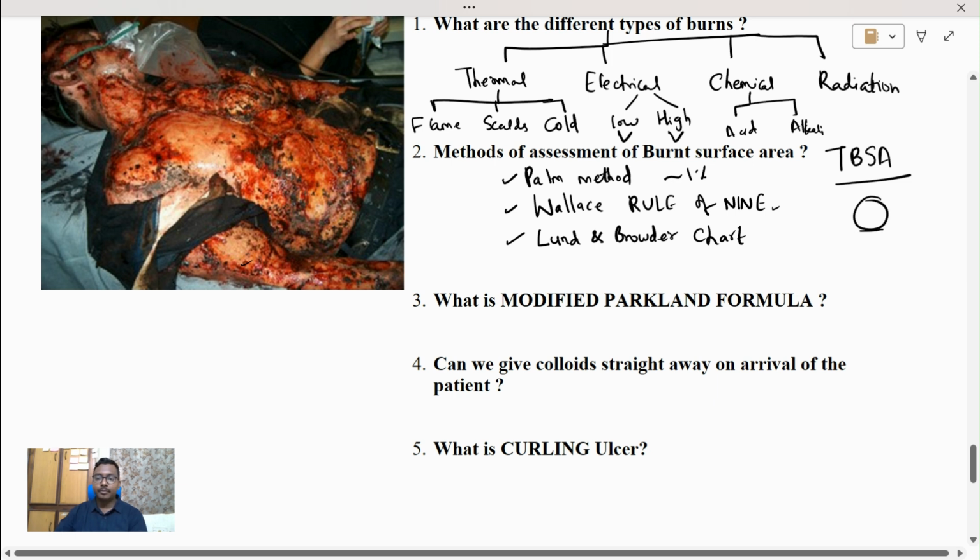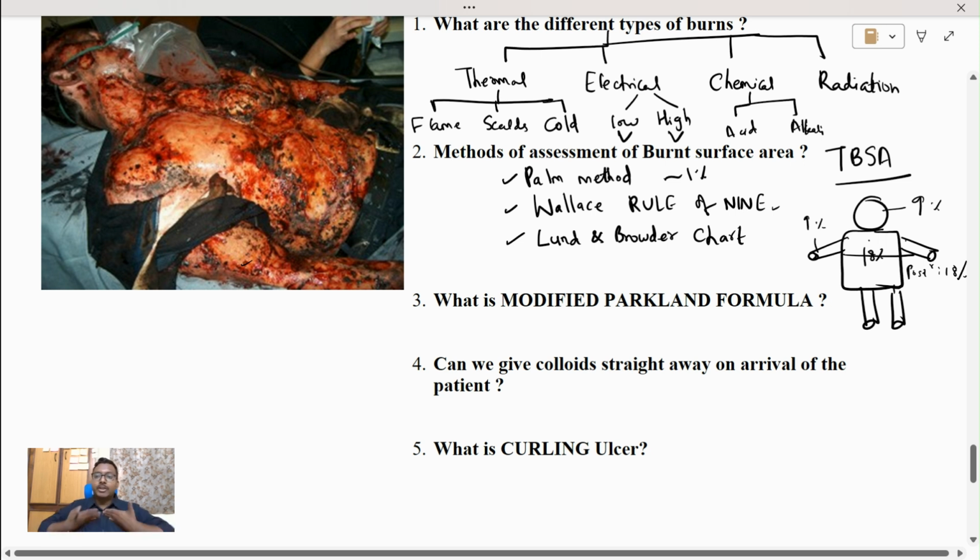There is only one difference between adults and children. So in adults, the head is 9%, each upper limb is 9%, anterior trunk is 18%, and posteriorly you have again 18%.